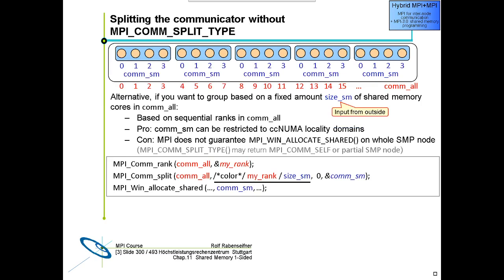And now we are going to see how it is possible to split the communicator without effectively using the function MPI_Comm_split_type.